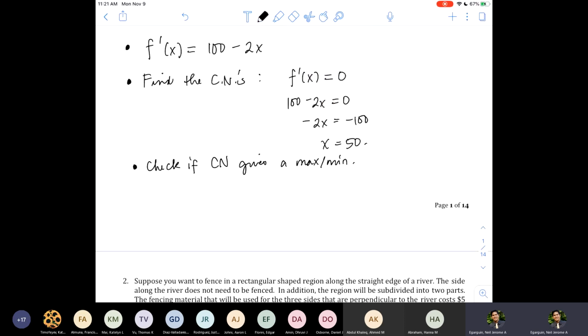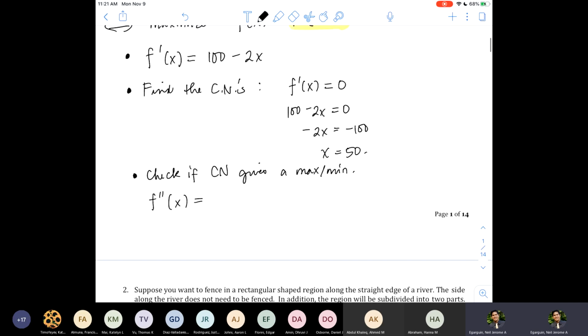Either use the first derivative test or the second derivative test in order to check whether we have a maximum or a minimum, right? So it depends on you which one to use. But here I prefer to use the second derivative test because finding the second derivative is very easy. f double prime will just be -2.